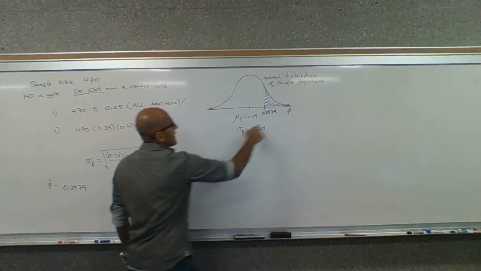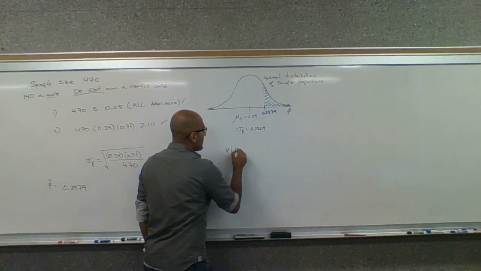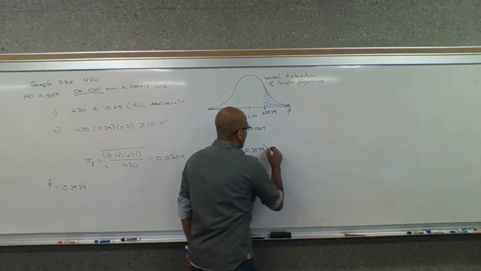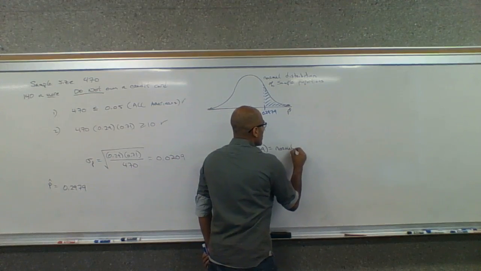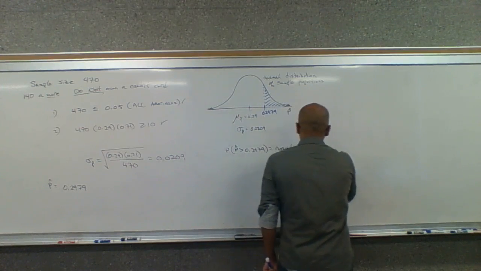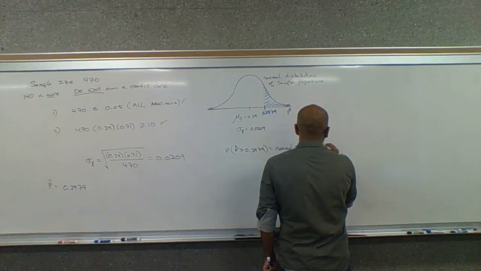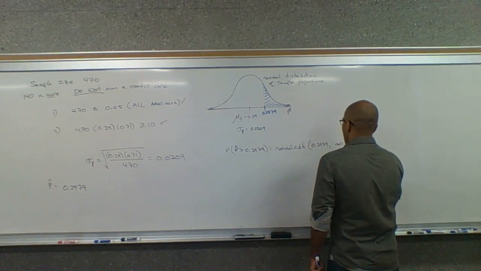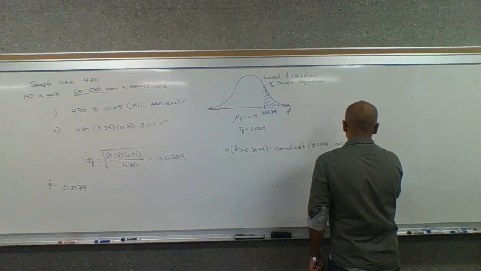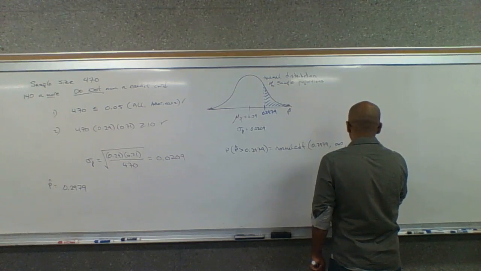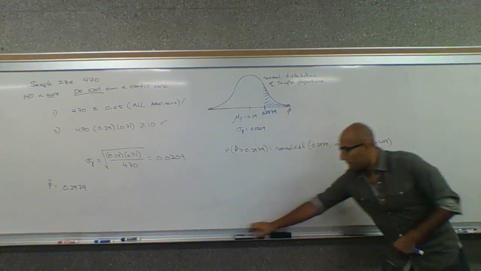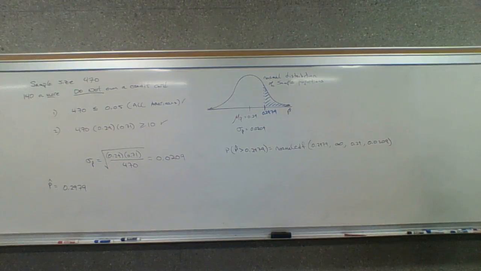Okay, so this area that we're interested in is going to be equal to the probability that p hat is greater than 0.2979, which is equal to normal CDF from 0.2979 through positive infinity, with a mean of 0.29, comma, and a standard deviation of 0.0209. Now we're getting something a little bit more realistic or valid.